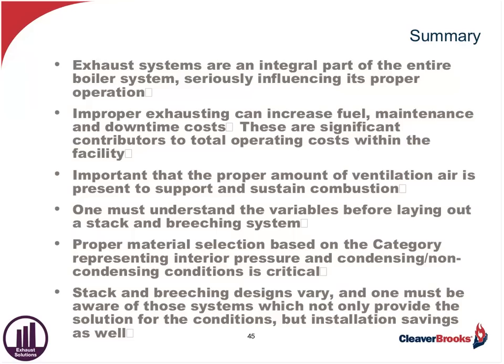Now, we've got 10 CFM per boiler horsepower. How does that equate to the proper cross-sectional area for ventilation? If you take a 300 horsepower boiler at 10 CFM per boiler horsepower, that's 3,000, so we've got a total of 3,000 cubic feet.